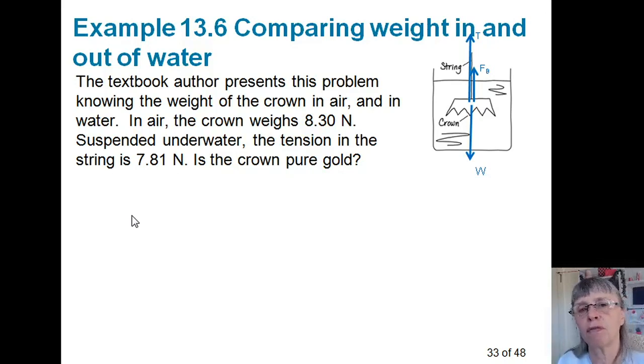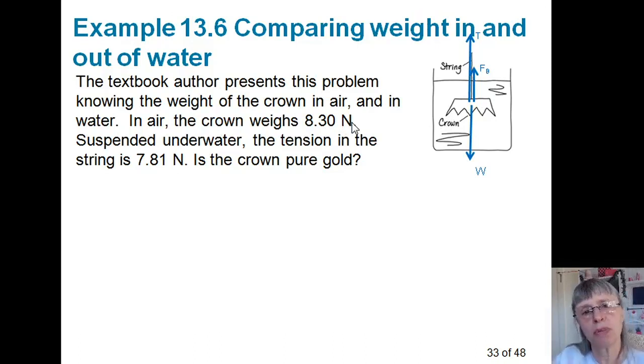So the first example I want to give you is here. The textbook does a variation of this problem where you know the weight of the crown in newtons, and then you're asked to calculate the density of it by weighing it in and out of water. So in air, the crown weighs 8.3 newtons.